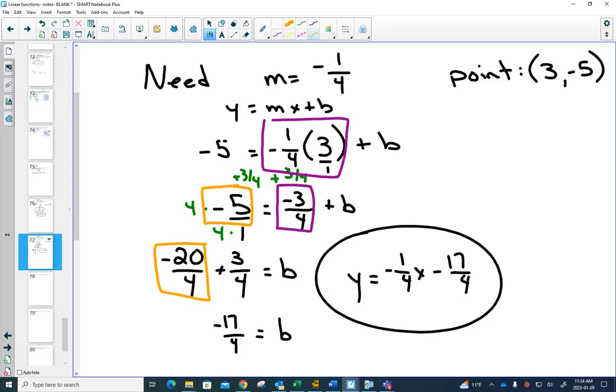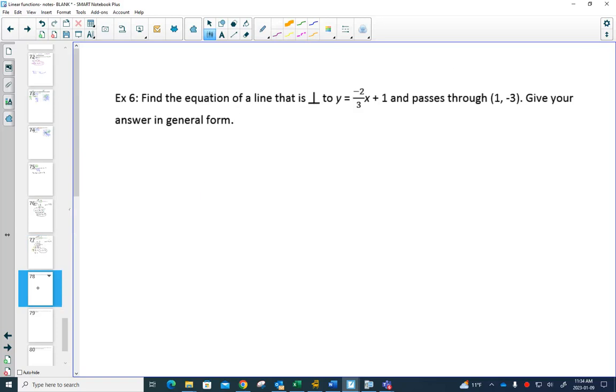Are we ready for the next one? Okay, here we go. Find the equation of a line. So I know that I'm going to need my slope and a point.